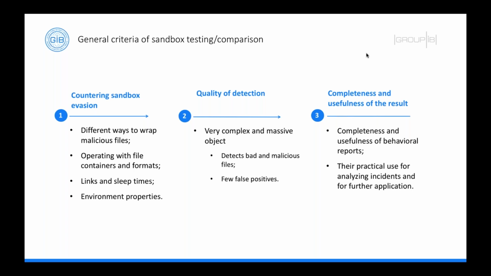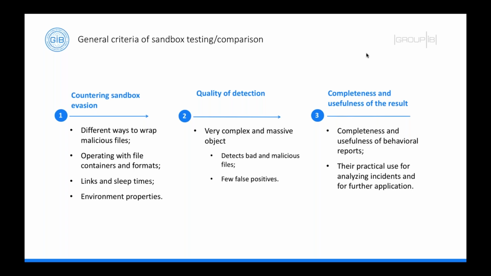They might do different things with file containers. They could encrypt payloads in different ways. They could play with file formats thoroughly, and I will give practical examples of all these cases we actually see in real life, and we really recommend including them in real life test scenarios.